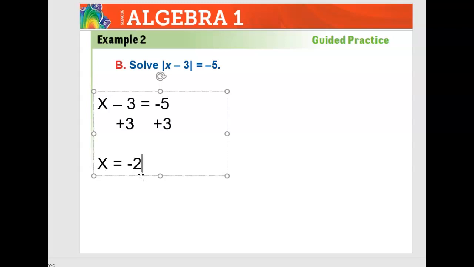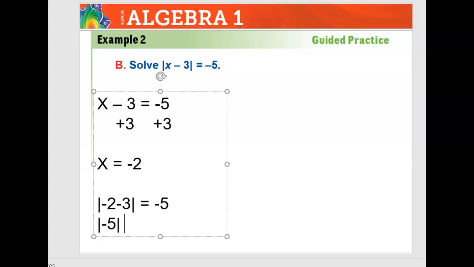However, if we take that and plug it back in, what do we know about an absolute value equaling a negative number? If I take negative 2 and plug it back in, you get the absolute value of negative 2 minus 3.